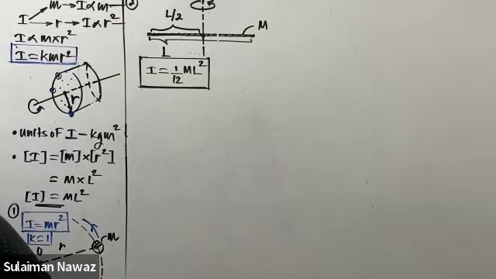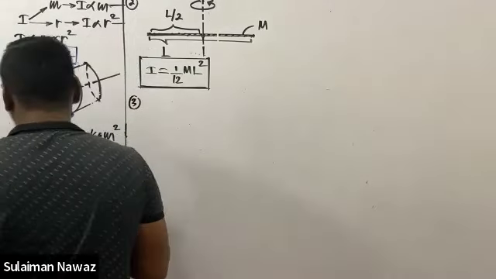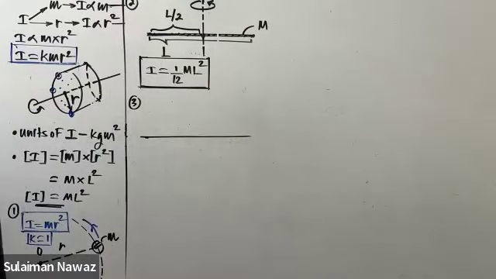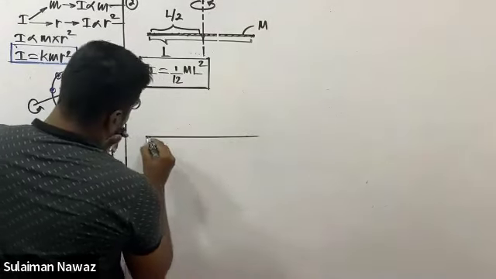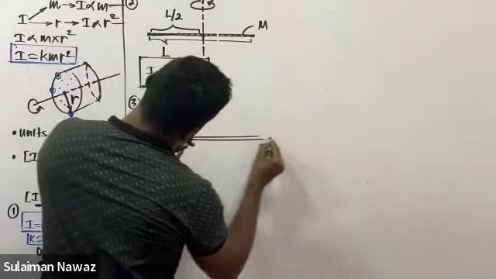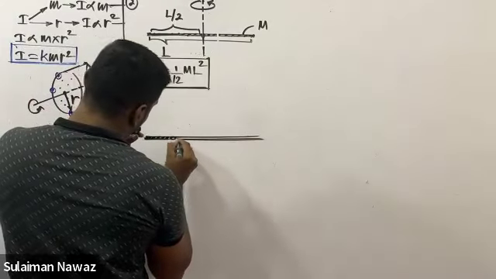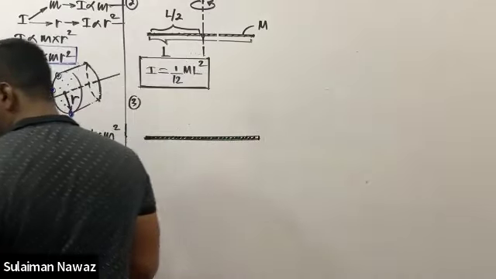Moment of inertia of a uniform thin rod of mass capital M and length capital L about an axis which goes through one of the ends of the rod.